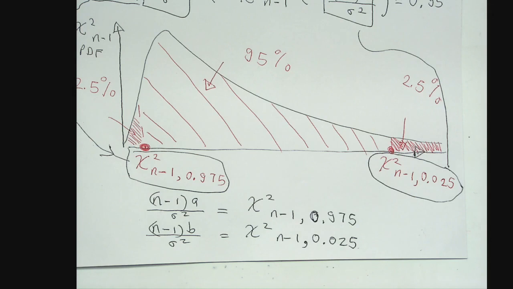It's because the area to the right hand side is 0.975. No, I always look for the area to the right hand side.